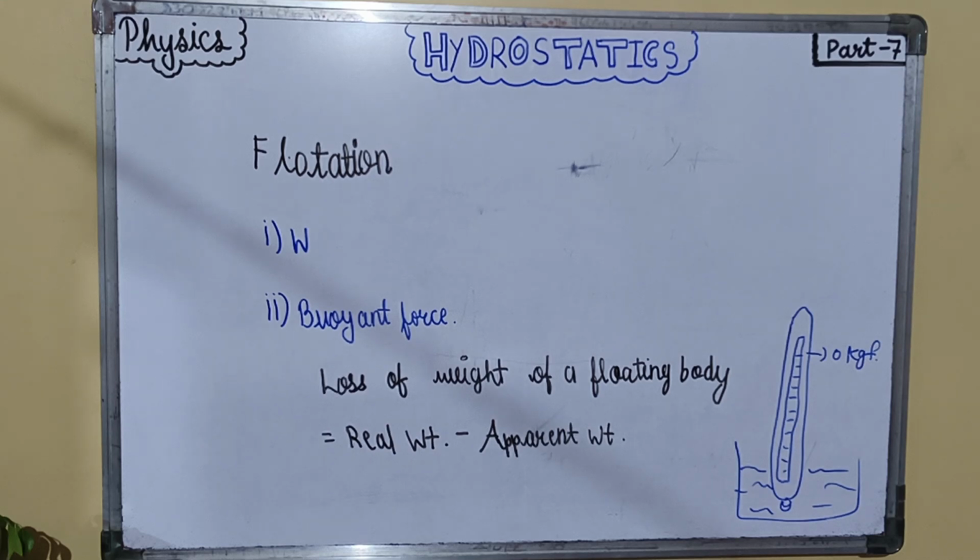There is law of flotation. Weight of a floating object is equal to weight of liquid displaced by it. When a solid is floating in a fluid, then the weight of the whole solid acting vertically downwards at its center of gravity is equal to the weight of fluid displaced by immersed part of solid acting vertically upwards at center of buoyancy.